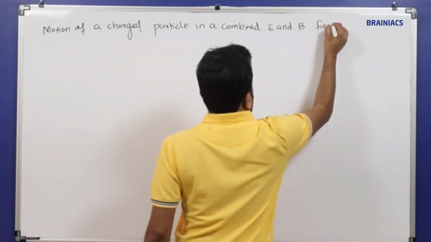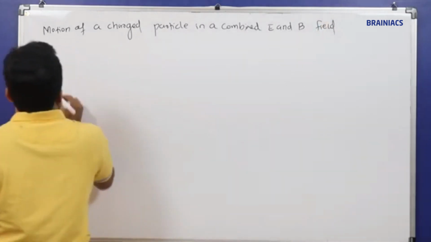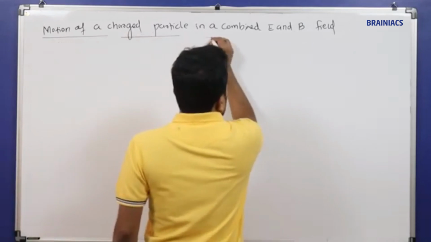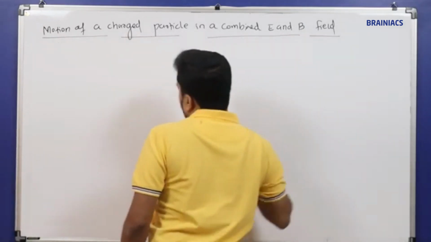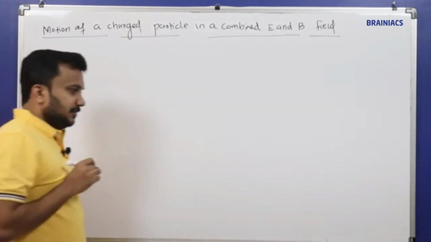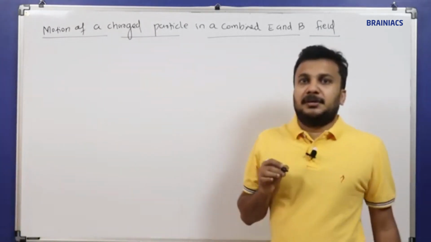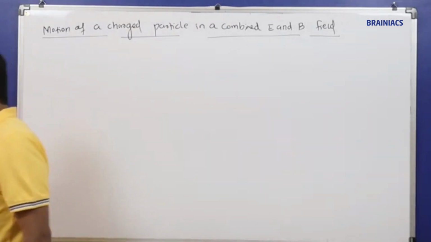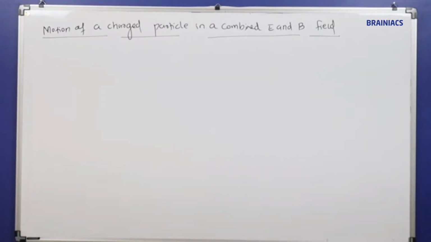In short, I am writing E and B, electric and magnetic field. So, motion of a charged particle in a combined electric and magnetic field. There are different cases we are going to see, and this is very important from the point of view of entrance examinations. Let's start with case number 1.